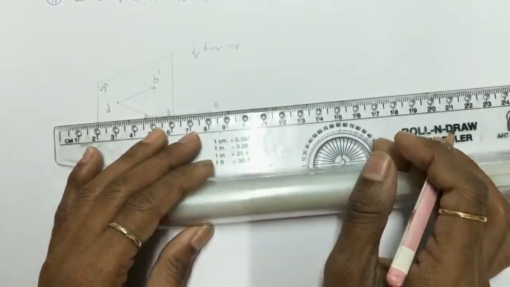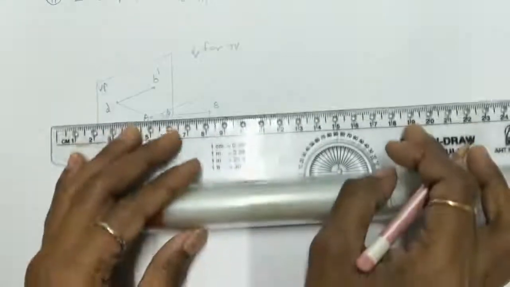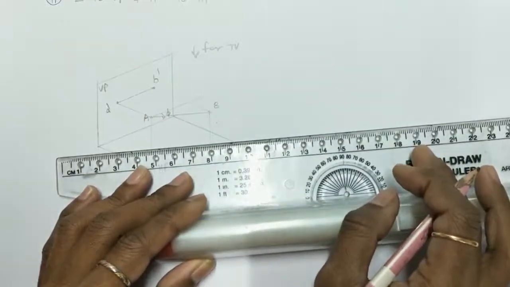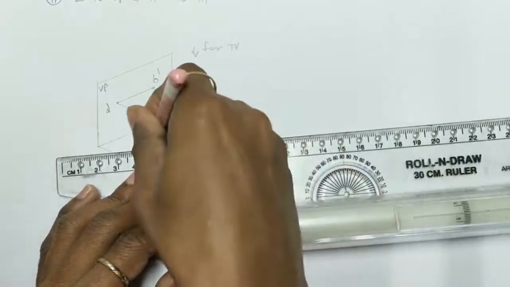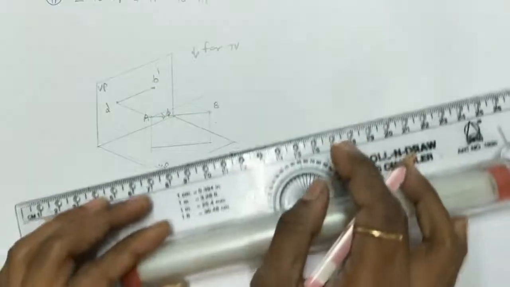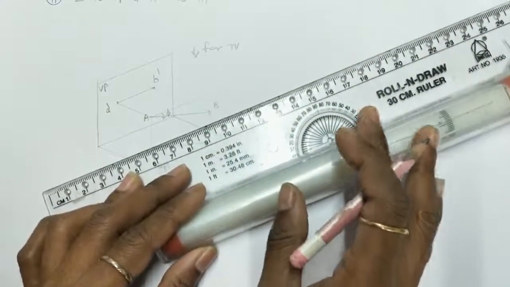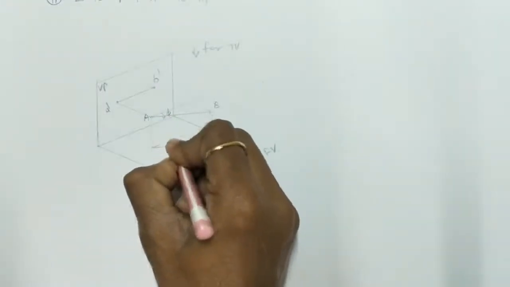For the top view we will see the line as it is. So draw the line and show the inclination angle also, which is phi.